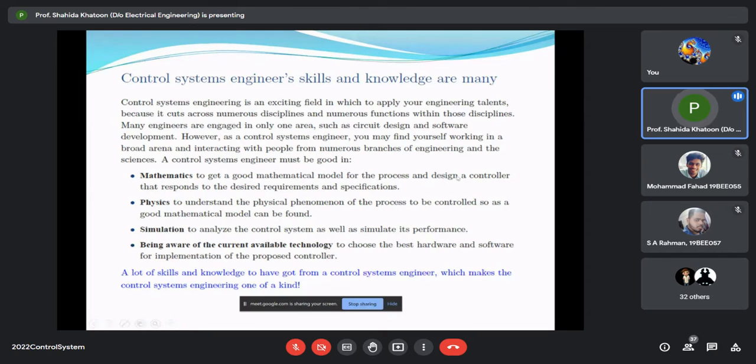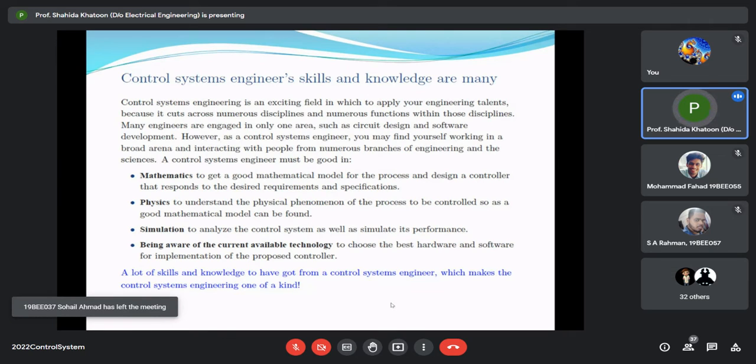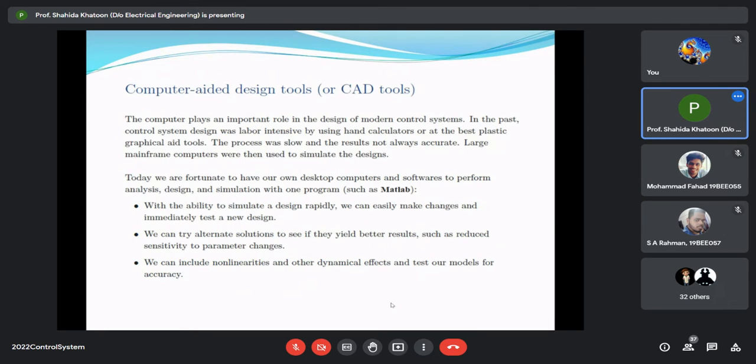Then physics, to understand the physical phenomena of the process to be controlled, so that a good mathematical model can be found. Simulation is to analyze the control system as well as simulate its performance. Being aware of the currently available technology helps to choose the best hardware and software for implementation of the proposed controller. So a lot of skills and knowledge are needed from a control systems engineer, which makes a control system engineer one of a kind.